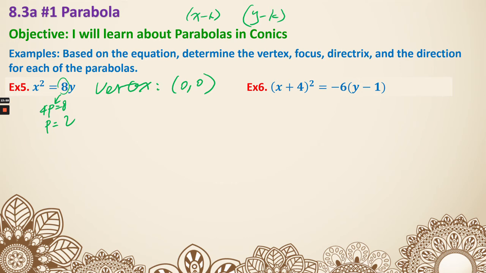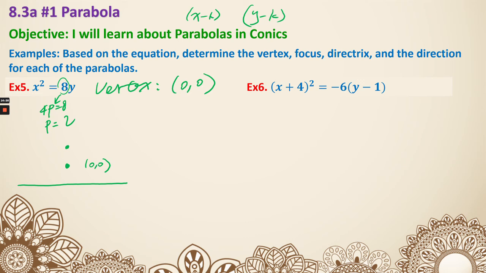Now that's making things easier to identify. Let's actually draw the diagram. Instead of trying to think, oh, is it k plus p, h minus p, whatever the formula may have been, we are just going to explore and draw a diagram to represent things by ourselves. So vertex is at 0, 0. The whole thing is positive, which means my focus is going to be above and my directrix is going to be below.